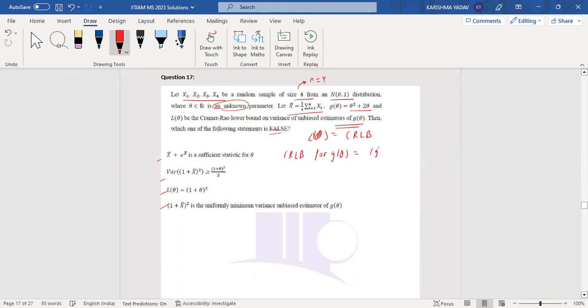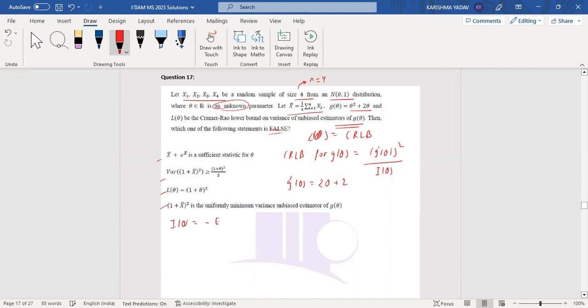That is (g'(theta)) whole square upon I(theta), where I(theta) is the information on theta. So what is my g'(theta)? Differentiation with respect to theta of this function is 2 theta plus 2. And let's find out I(theta). There are about 4 formulas for I(theta).